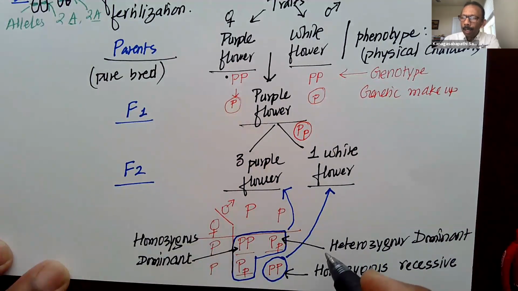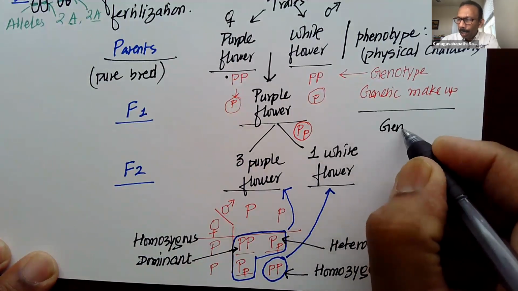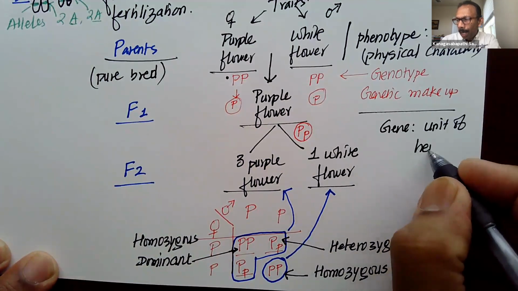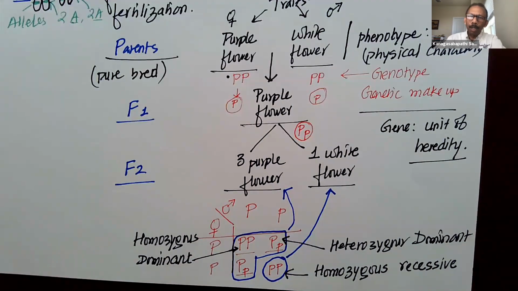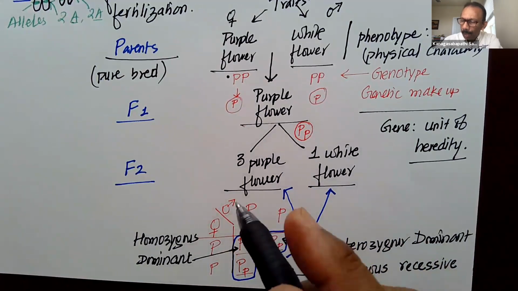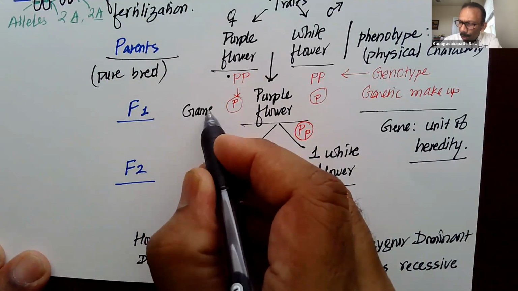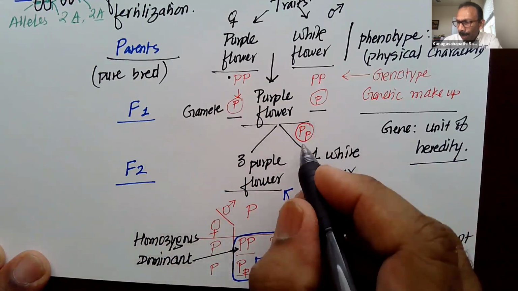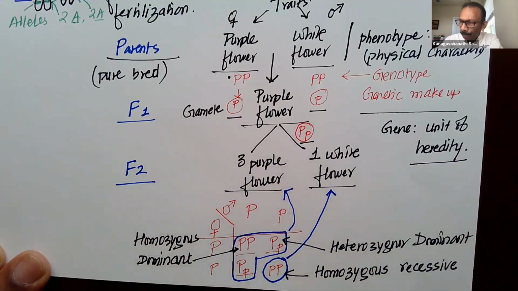So after doing this, he defined gene as a unit of heredity, and he did not know what it is made up of, but the meiosis process explained how this segregation of the gametes is going to be formed. So this creates only one possible dominant gamete, and this creates another gamete, and these are all the gametes in each generation. Okay.